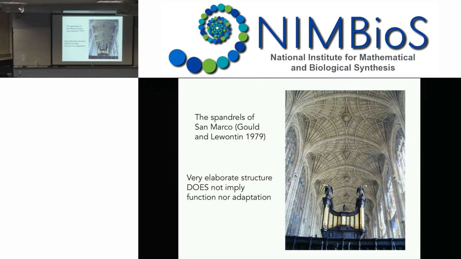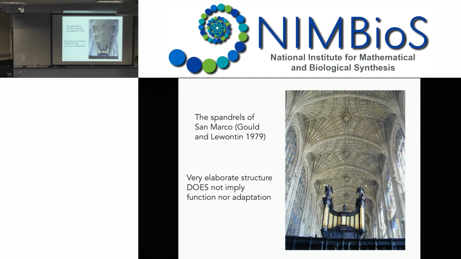And that leads us to this discussion here. Very famous paper by Gould and Lewontin called the Spandrels of San Marco. And the idea was, man, look at all that detail. It must really do something important. So you have a beetle, and that's the structure on the sheath wing of your beetle. Look at all those elaborate ribs.